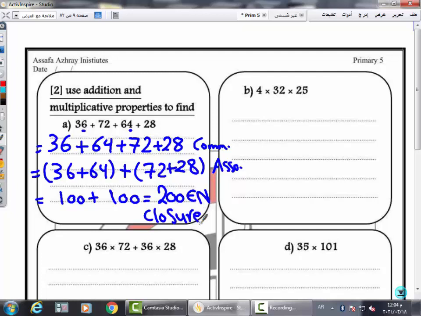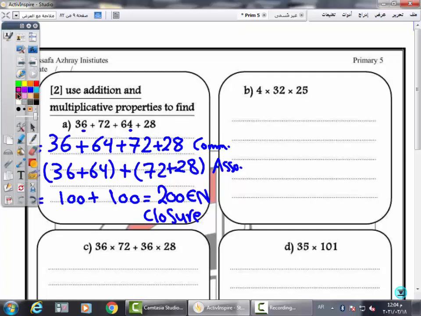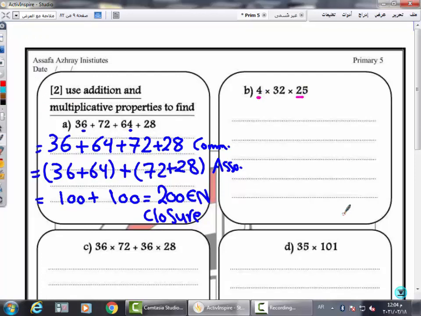The second example, number B: 4 by 32 by 25. In multiplication, we look at the friends. 4 with 25 gives 100. We put 4 beside 25. This is called the commutative property.